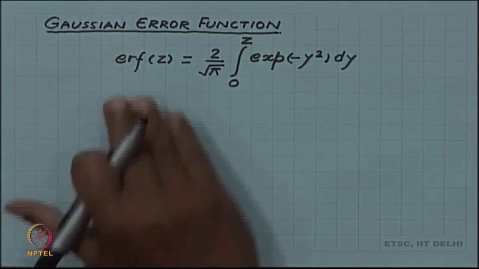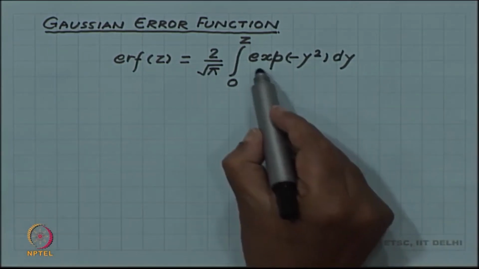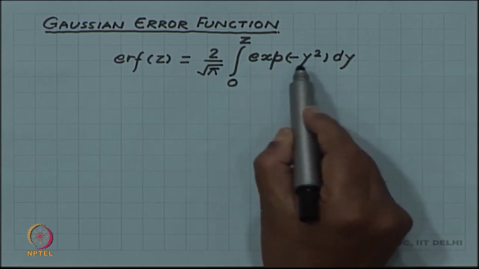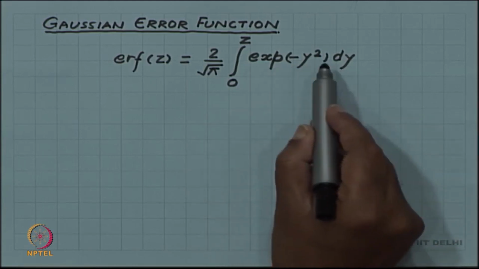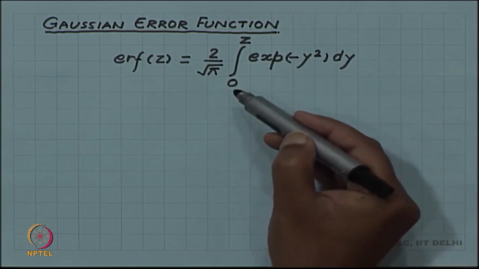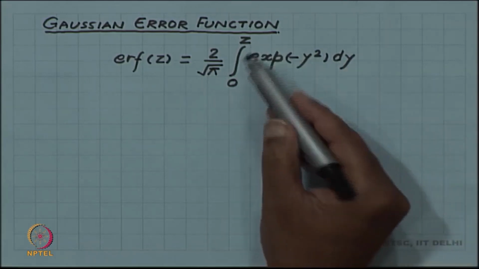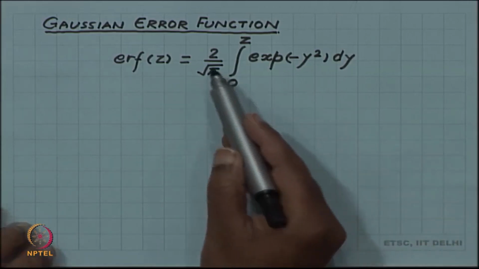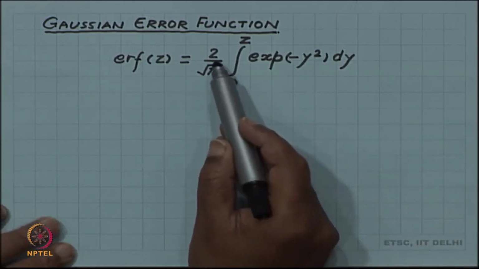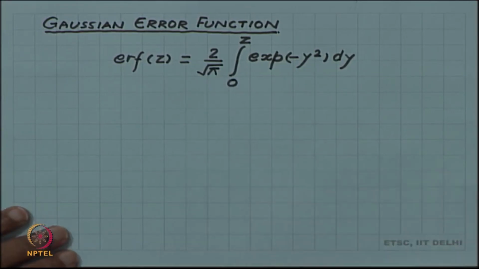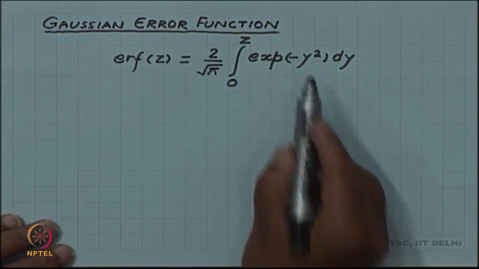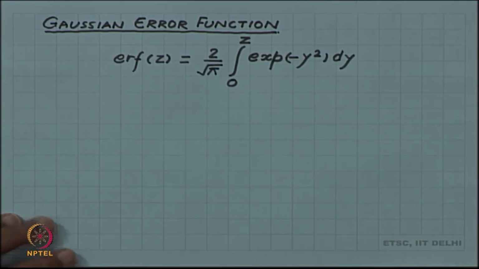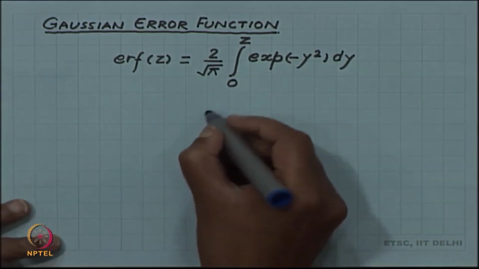So, the error function is defined as the integral of this exponential function, exponential minus y square, and if you integrate it from 0 to z, you get the error function value at z, multiplied by this numerical factor 2 by root pi, which is also called the normalizing factor. Let us look at this function exponential minus y square and plot it.